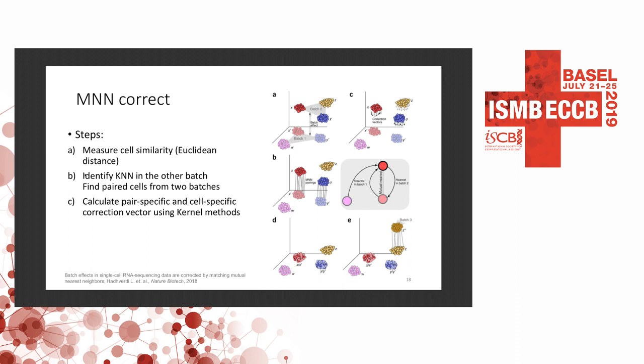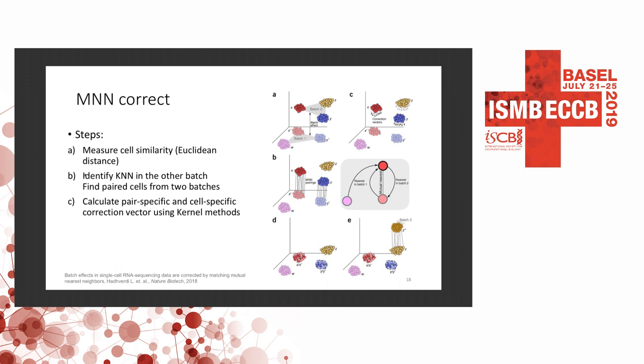For this cell in batch 1, if its nearest neighbor in batch 2 also has itself as the nearest neighbor, then they are mutual nearest neighbors.